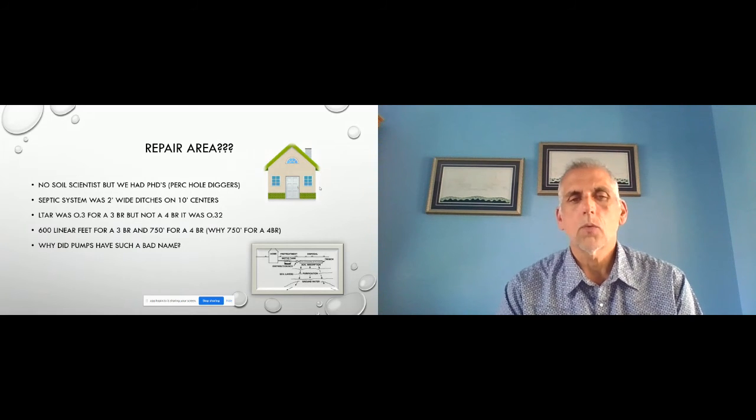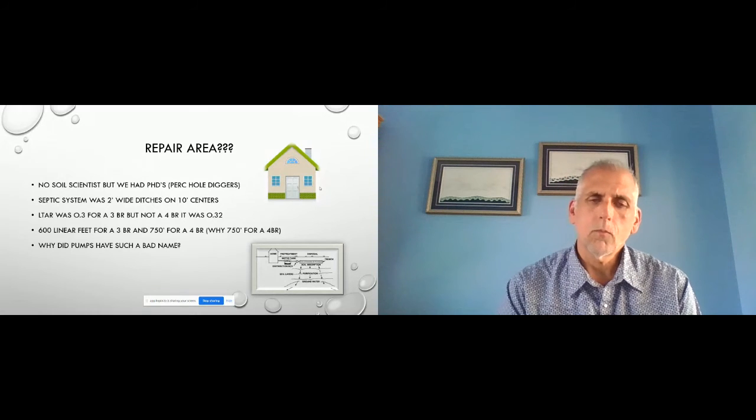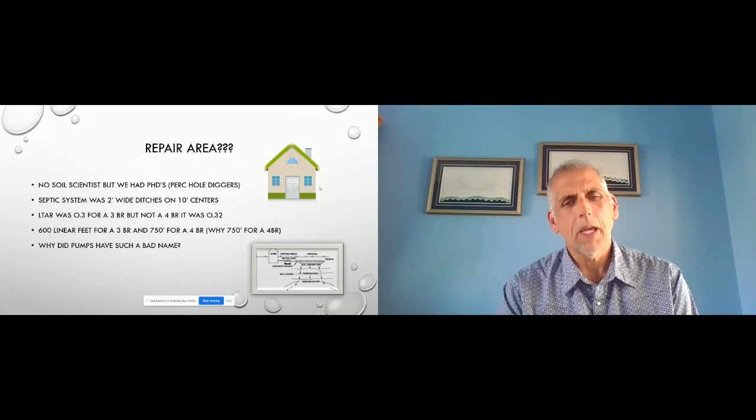Where in other counties you would see 3 foot wide ditches on 9-foot centers, Guilford had 2 foot wide on 10-foot centers. So a long-term acceptance rate of 0.3 for a 3-bedroom would be 600 feet, and for a 4-bedroom would be 750 feet. Well, it kind of hit me after a while. I was like, that's not right. It should have been 800 feet for a 4-bedroom.